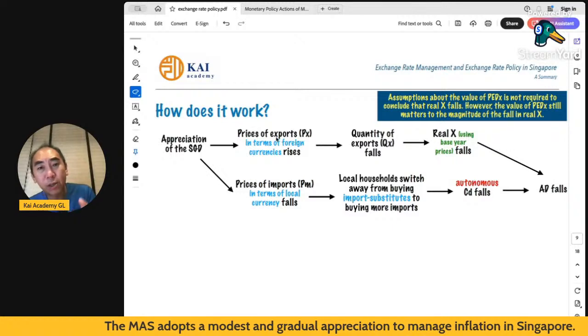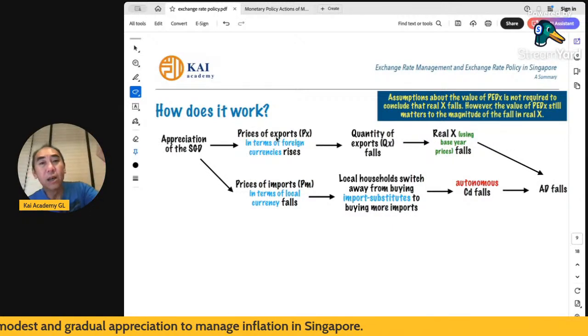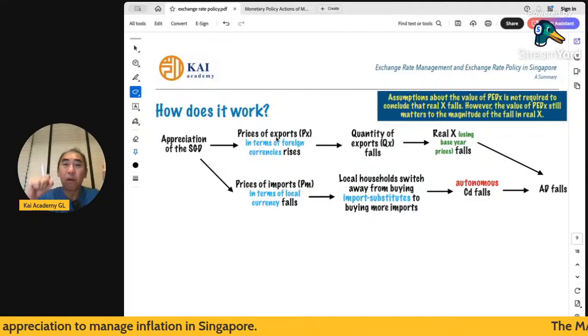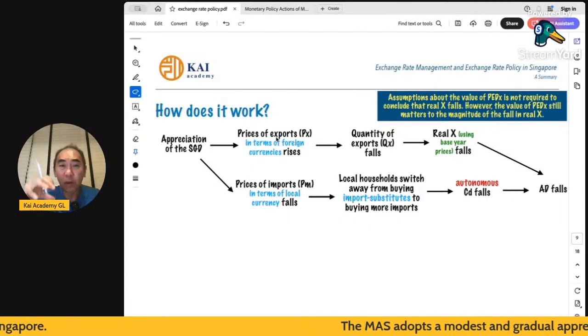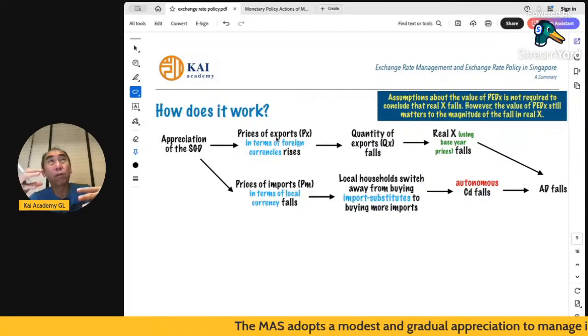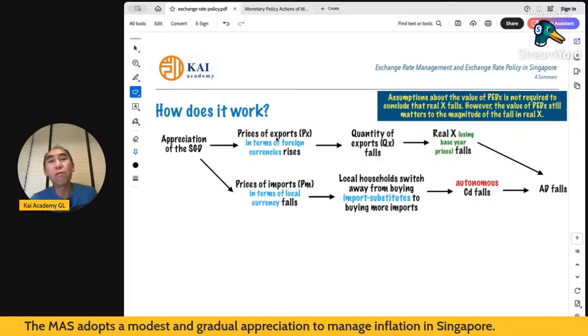So the current price of exports in terms of foreign currency has increased. The current quantity of exports is falling. When calculating the real value of X, we are using the falling quantity today multiplied by the base year prices of yesterday. So this means that the real value will fall.